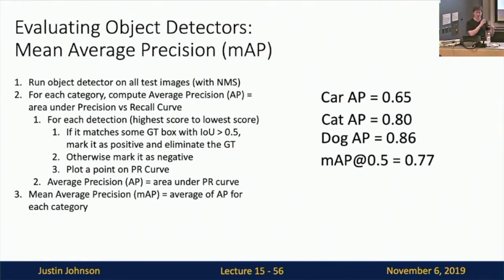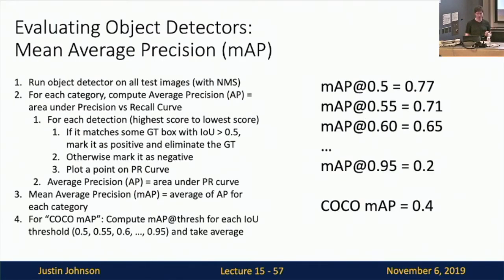Remember, when matching the detected boxes to the ground truth boxes, we only used an IOU of 0.5, so it didn't matter that we get really accurate detections. So in practice, we also repeat this whole procedure for different IOU thresholds, and then take an average over all of these mean average precisions computed at different IOU thresholds.